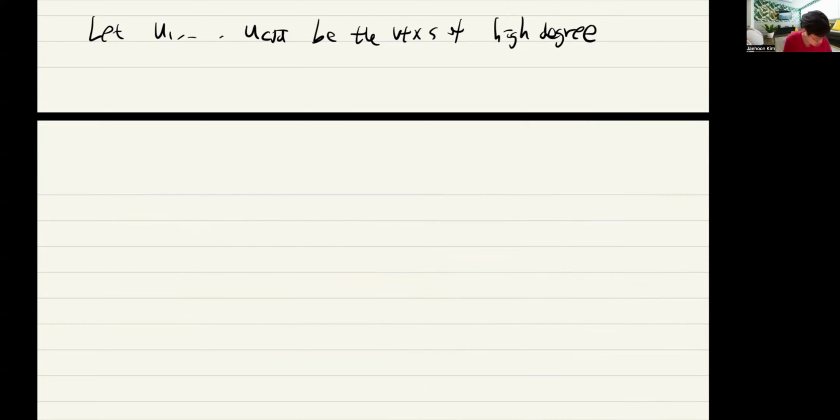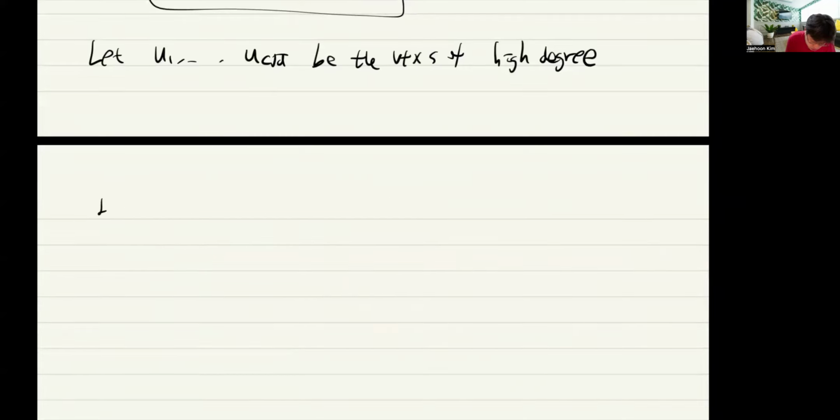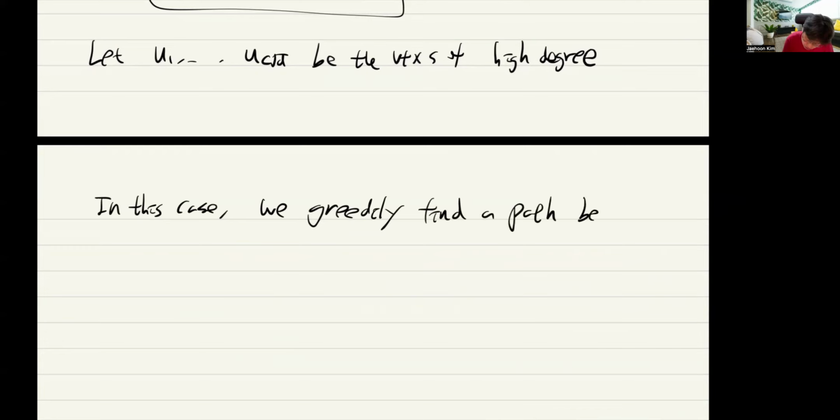So you can see in this case, we greedily find a path one by one between them using the previous lemma, let's say the connection lemma.